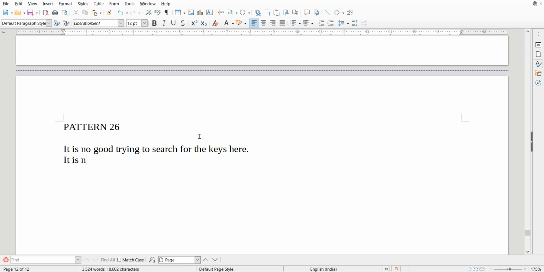It is no good asking Percy about the keys. It is no use going to Mrs. Weasley to ask for help, for example.